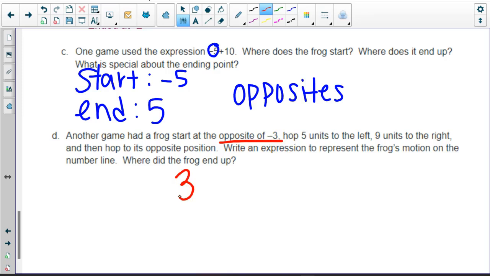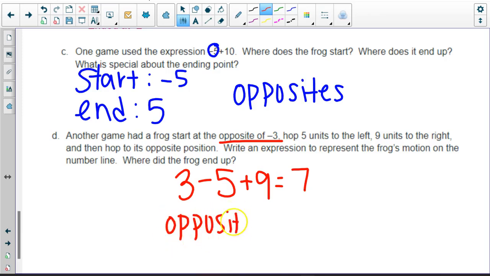We go 5 to the left, so left is -5. And then 9 units to the right, so the right is 9. If I look at where I'm at so far, I'm at the number 7, but it says we hop to the opposite position. So the opposite of that is -7, and this is my ending.